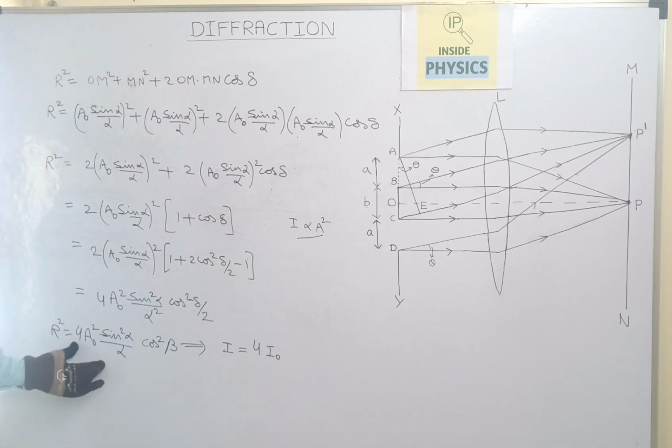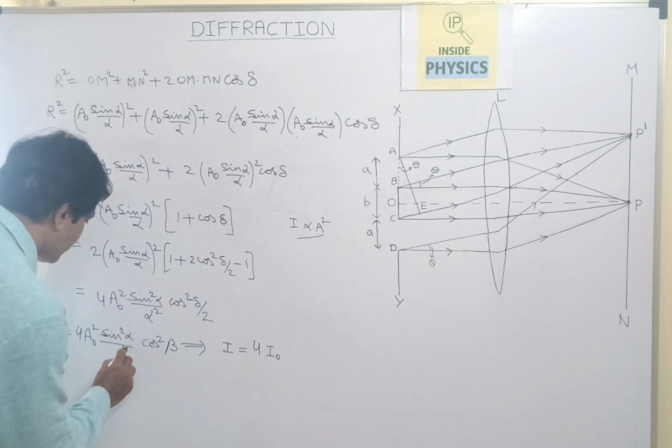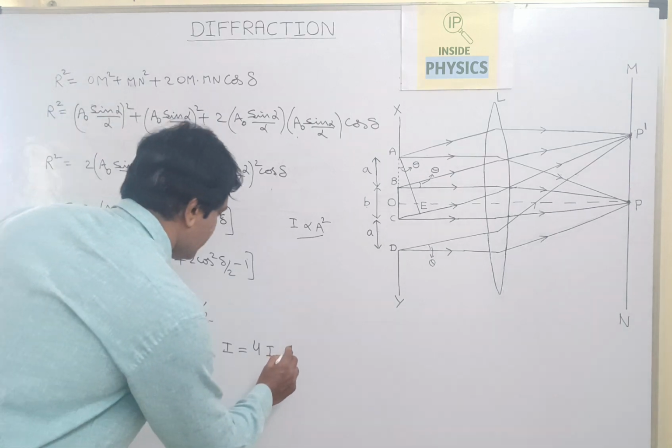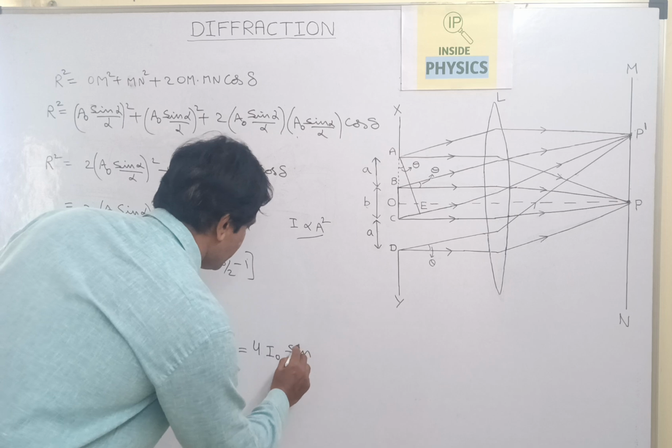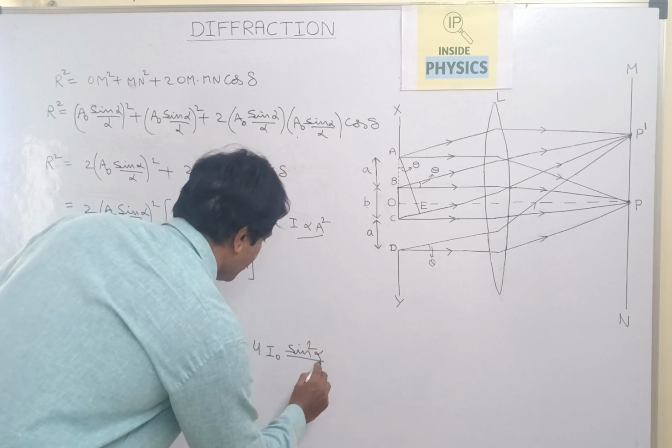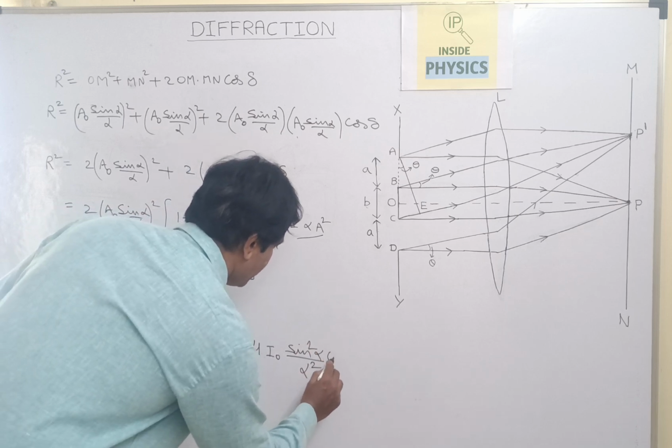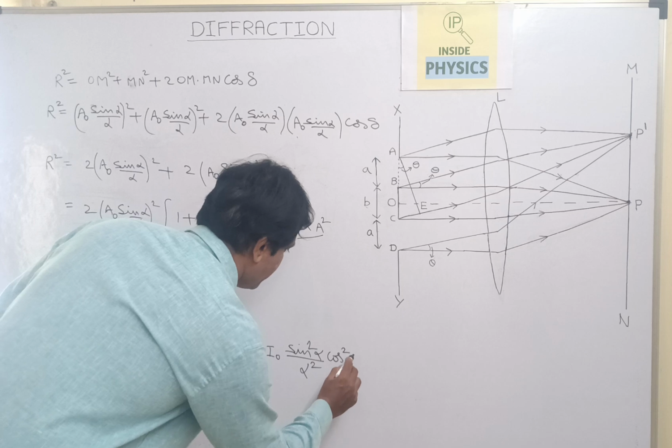So only these two terms are exchanged because the intensity is directly proportional to amplitude square. So what about these terms? Sin square alpha by alpha square into cos square beta.